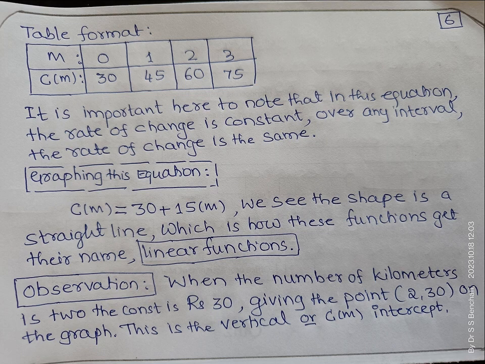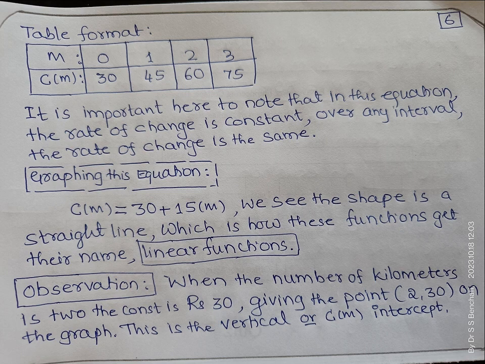How am I going to write it? In the first row, I will write m, meaning kilometers. In the second row, I will write c of m, my function. So in the first row, if I replace m by 0, I will get 30 rupees. It means when I travel the first 2 kilometers, I have to pay 30 rupees. After 2 kilometers, if we travel 1 more kilometer, 45.